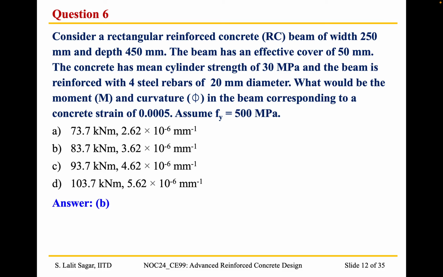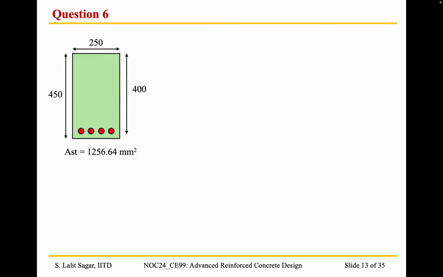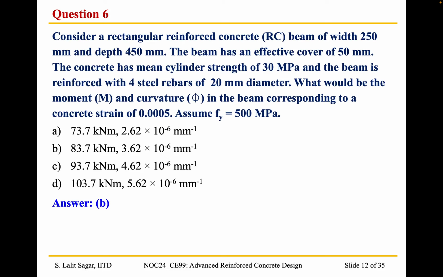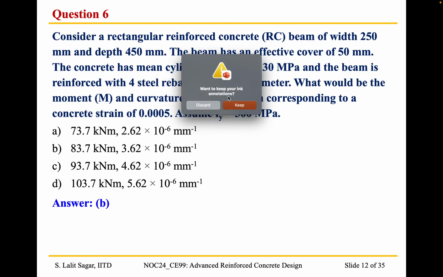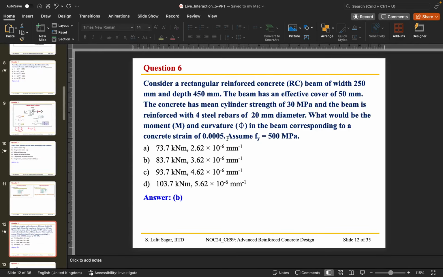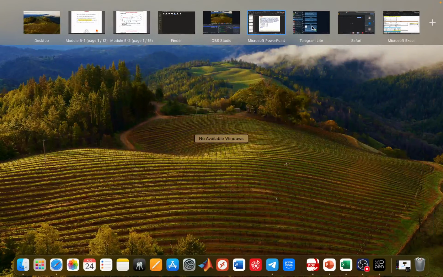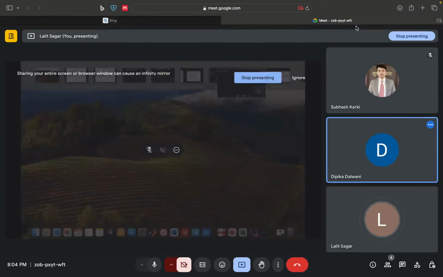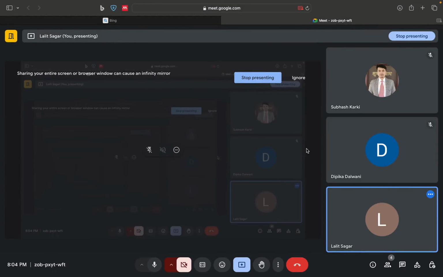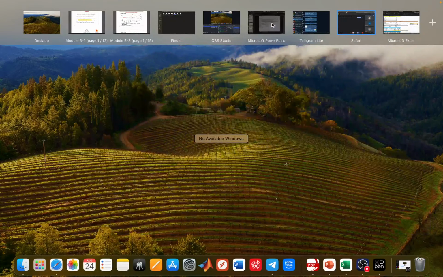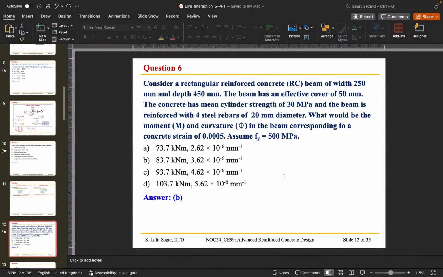So the correct answer is option B. So can I know what was the difficulty in answering the question? It was an iterative process, sir, and which is why the calculations are a little bit involved.